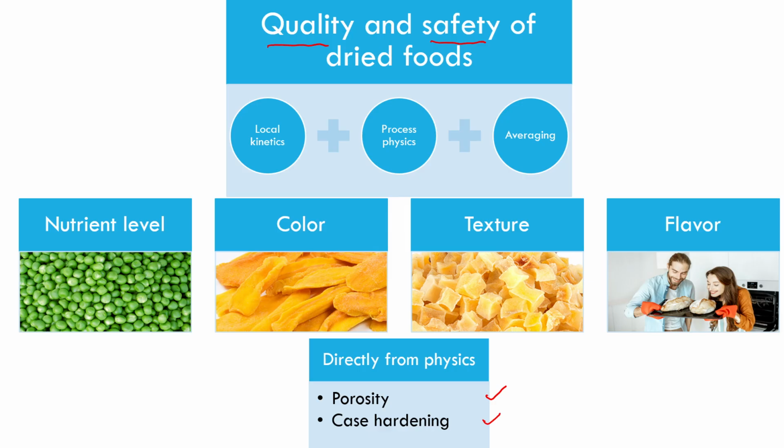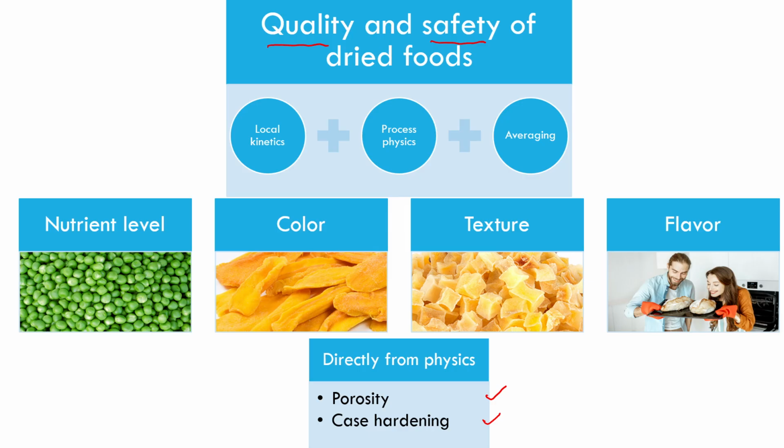If this is all we need in terms of quality, then the more mechanistic description of the food drying process that we discussed will give us the porosity. We don't need to measure and supply it. That will actually predict the porosity for us, or predict the case hardening.